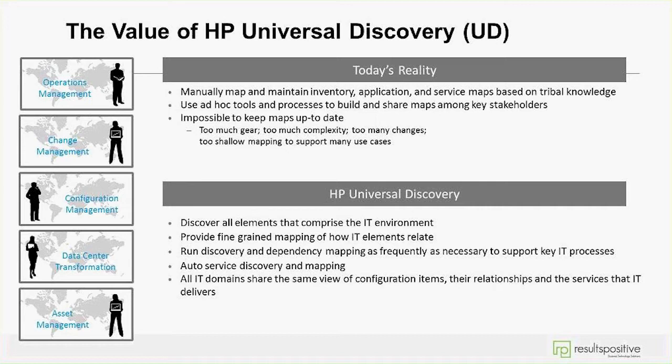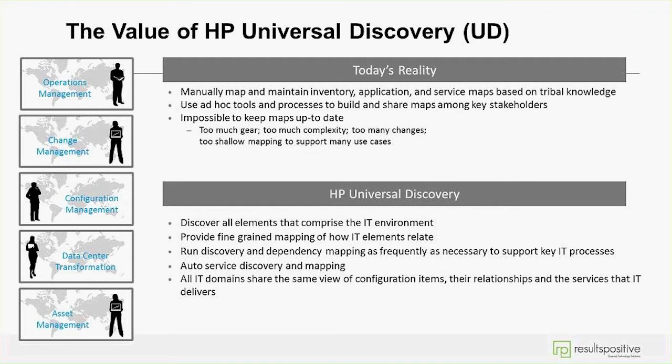On the left, there are some of the different practices in your IT enterprise that could be sharing this configuration management system. For example, operations management teams could be looking into current CIs. They might want to look at recent changes on the CIs that have happened over the last 24 hours or an hour.